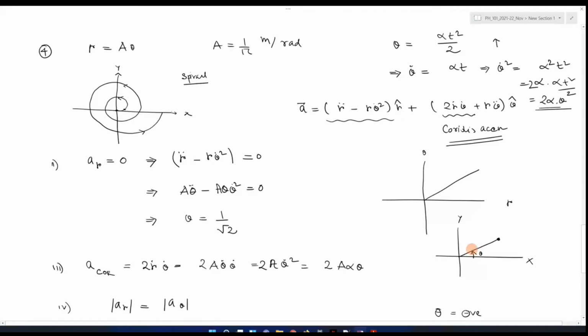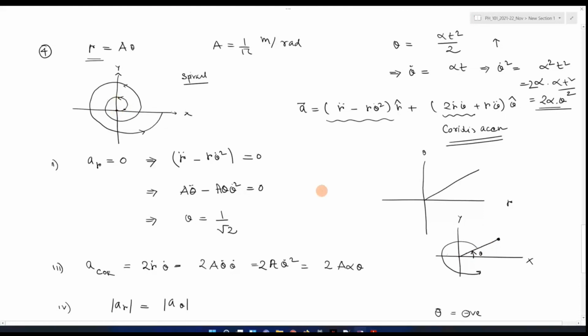Theta should always be increasing, so the particle should have some rotation. It should move like this. As you increase theta, your radius also increases. That's why the r value keeps increasing from the origin, and that's why the shape becomes this.